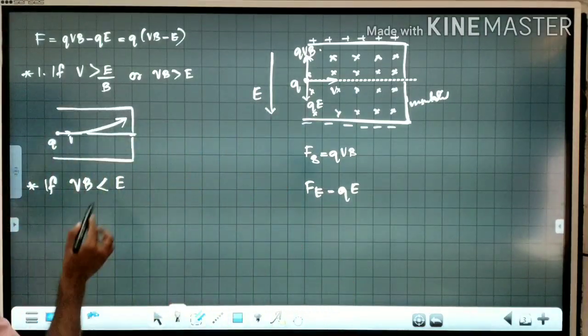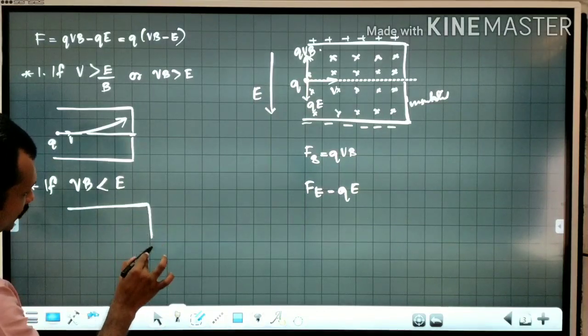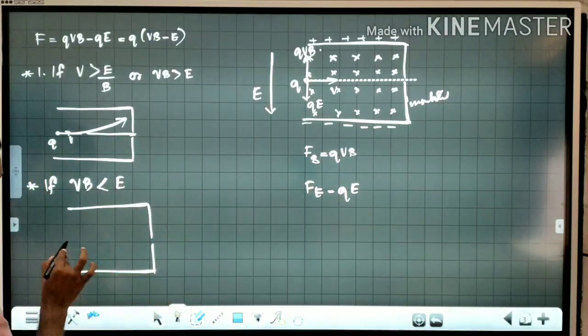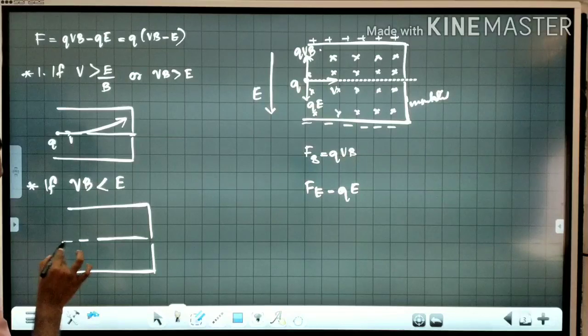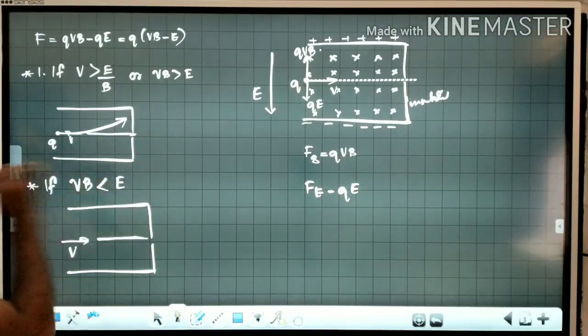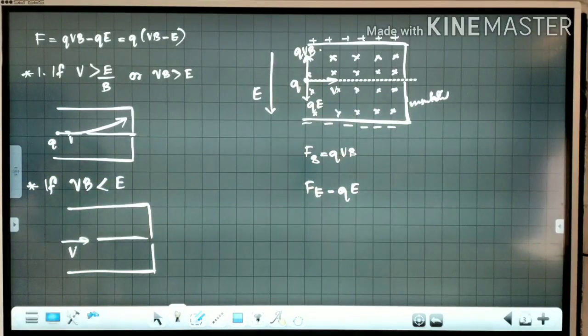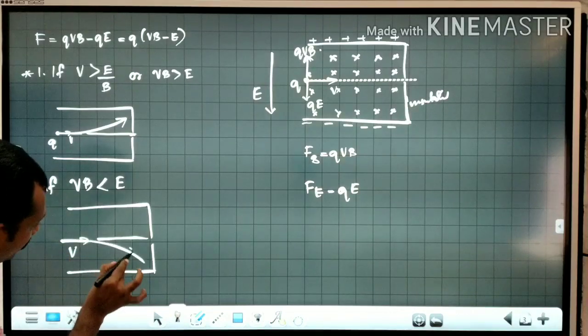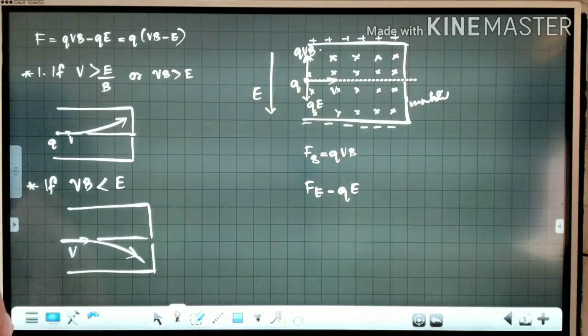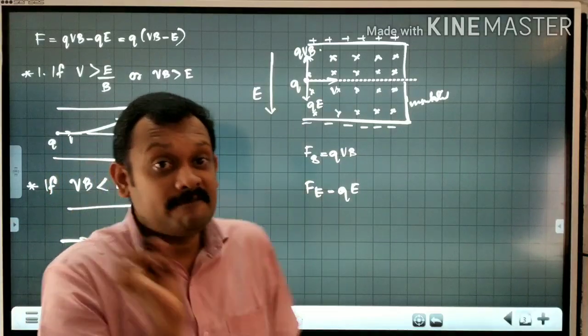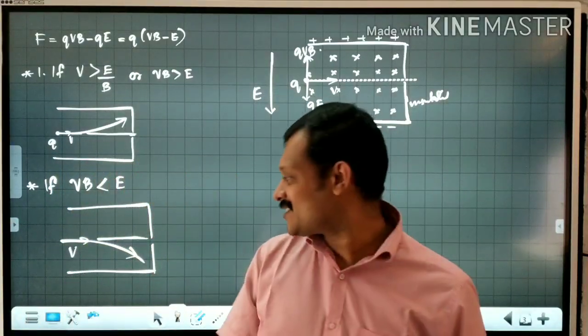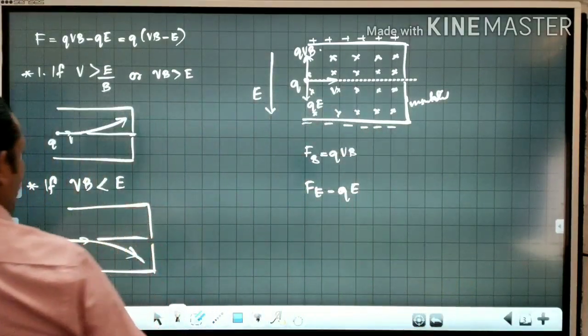So what will happen? In this case, I am placing a charged particle with the velocity V. Now electric force is greater than magnetic force means the charged particle will be deflected downwards. Now that is the second situation.